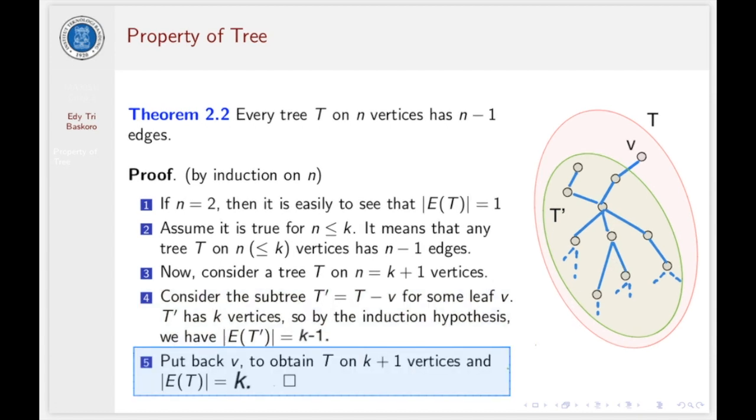And now, put back the vertex V to obtain the original tree T on k plus 1 vertices, and then by putting back the vertex V, you add an edge here, one edge, which is incident to V. So here altogether we will have the number of edges is k. So the theorem holds.